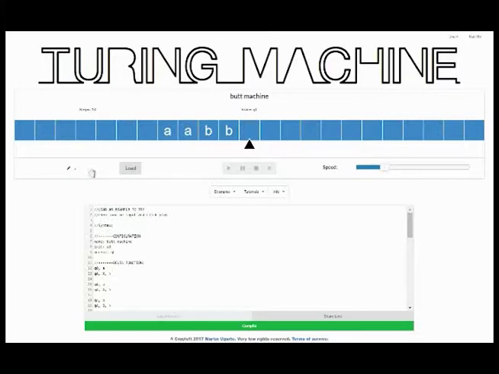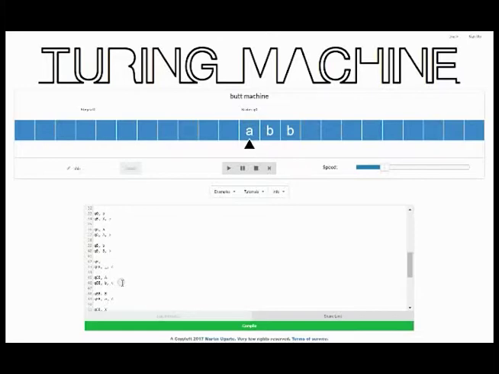When the Turing machine is at the starting state and it sees a B, it would transition to state QB, and when the first letter of the input is A, it would transition to state QA, as is shown here.